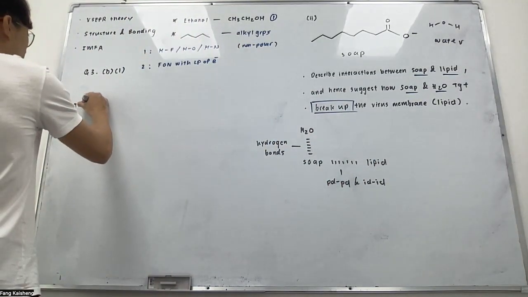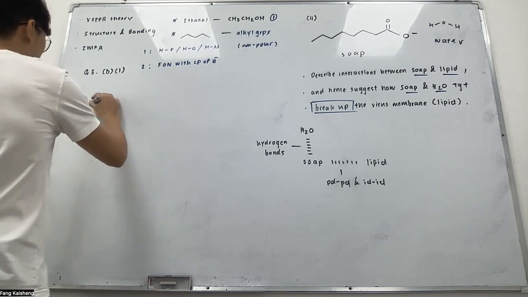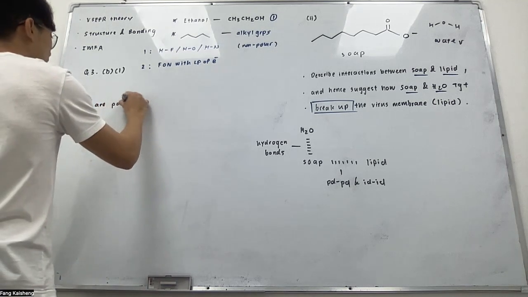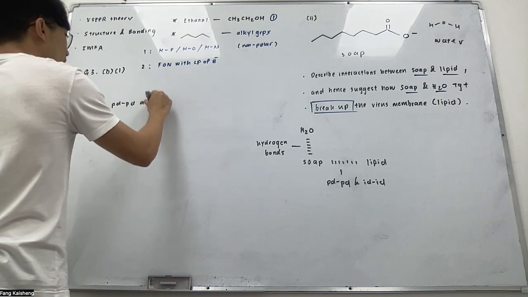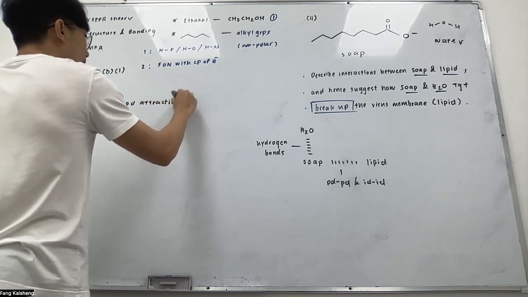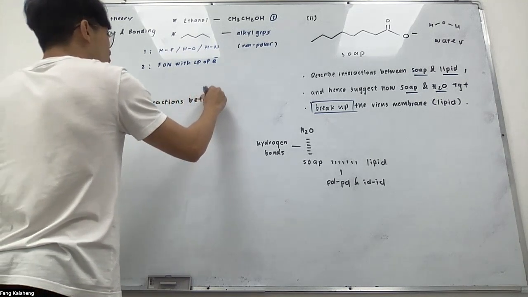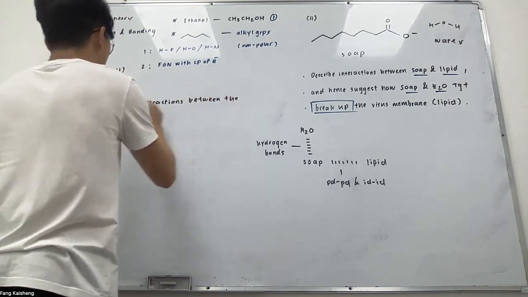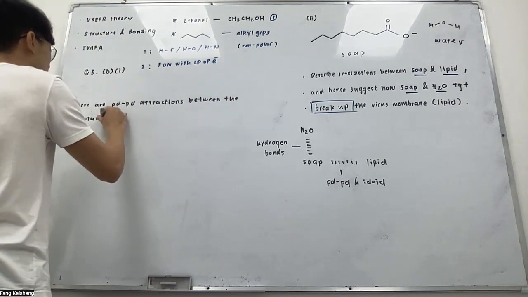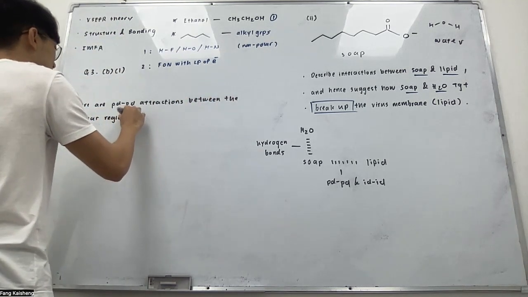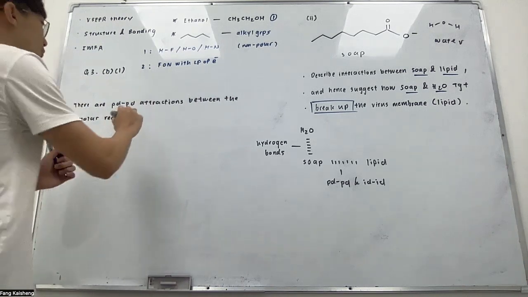Okay, there are PD attractions between the polar regions of soap and lipid. So this is how you can specify where the PD attractions are, the polar regions.